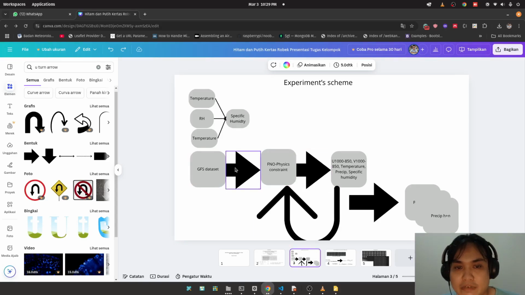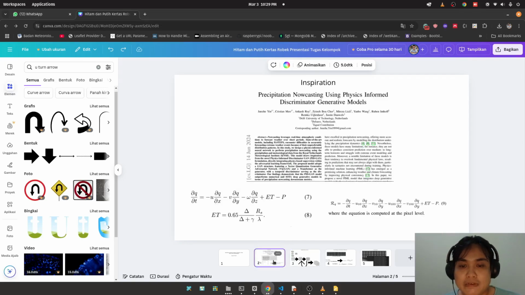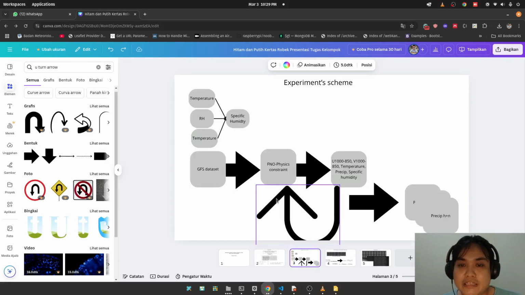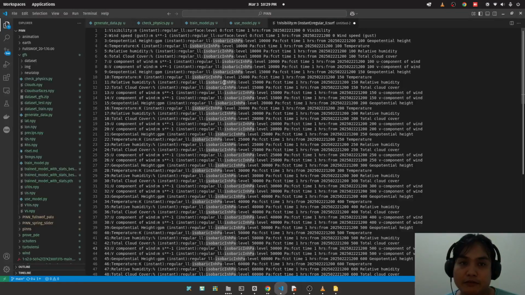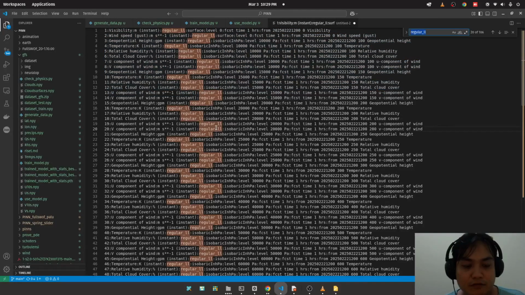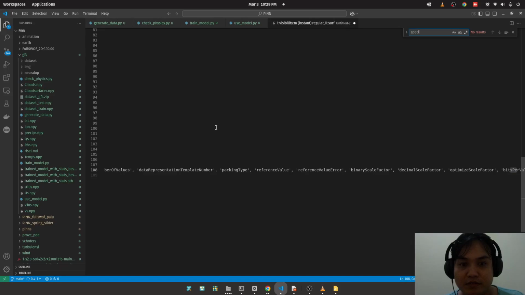And yeah, okay. So the FNO here will try to mimic the dynamics in the GFS dataset. One important thing is that you see here Q is specific humidity, but I will just show you here: in the GFS dataset, there's no specific humidity.